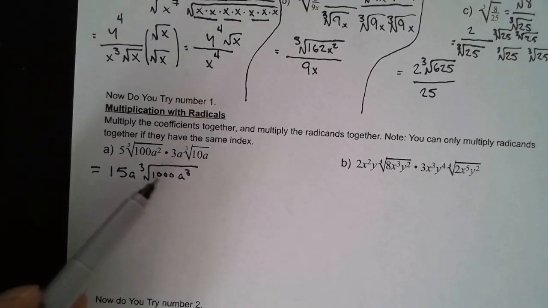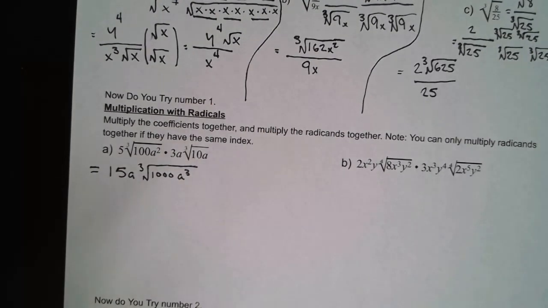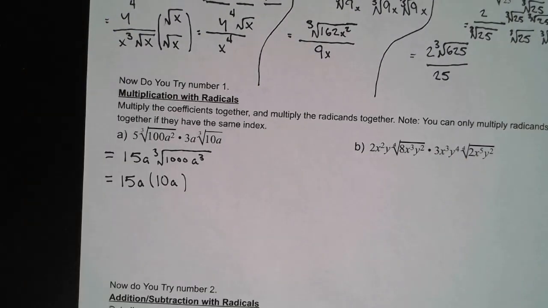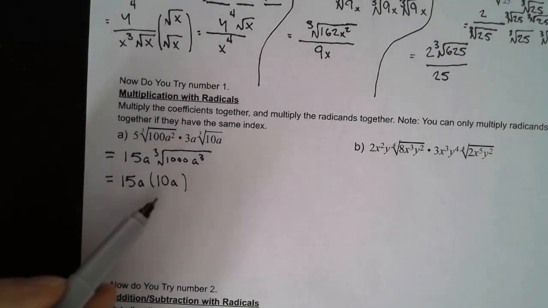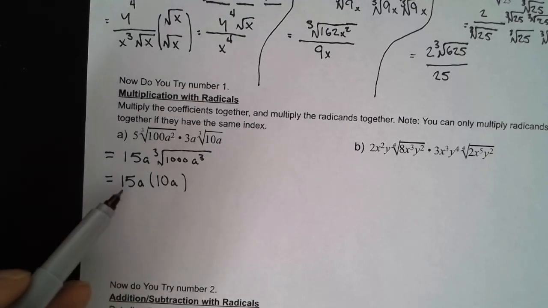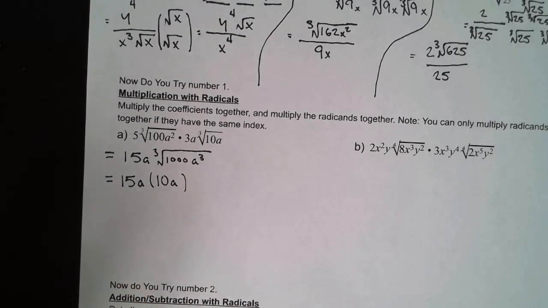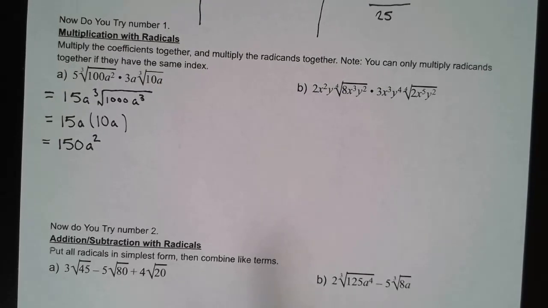So the cube root of 1000 is 10, and the cube root of a cubed is just a. So I'm going to go ahead and write that simplification out. So once you cube root this, you should just get 10a, and 15a is now being multiplied by this 10a, so we can go ahead and multiply these things together, and you should get 150a squared. Nothing left to do there.